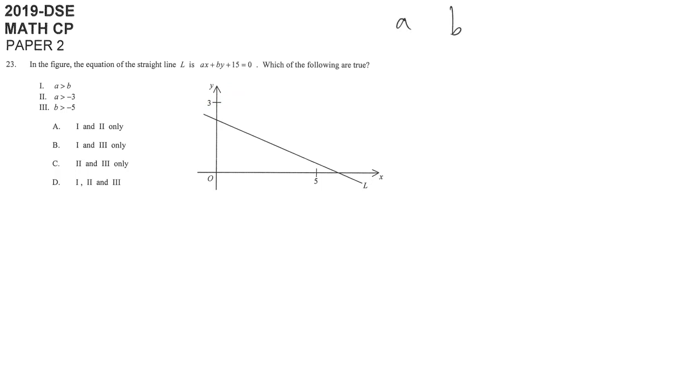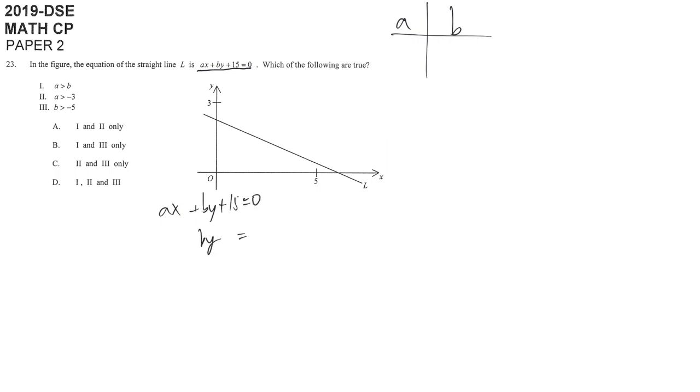You should set up a table to list out are they positive or negative. First, to handle the inequality. Before we start, they give us the equation in standard form, but I want slope-intercept form. So ax plus by plus 15 equals 0.